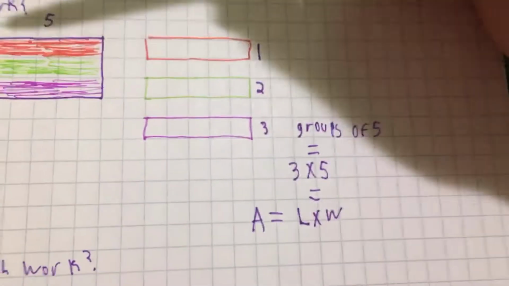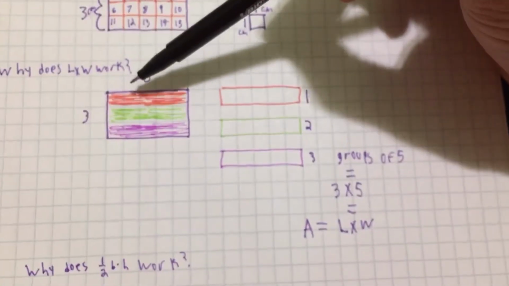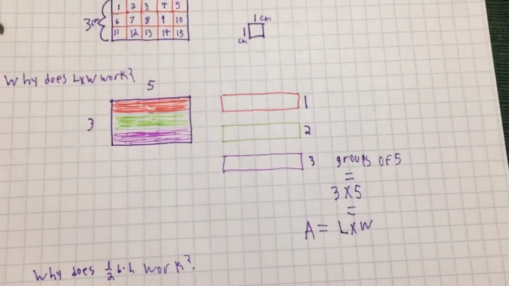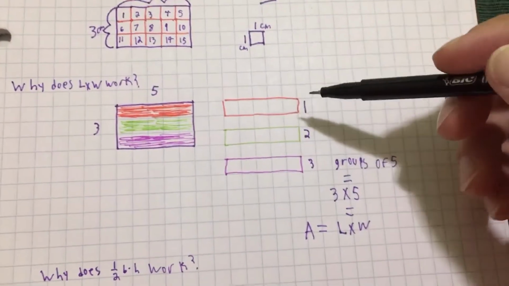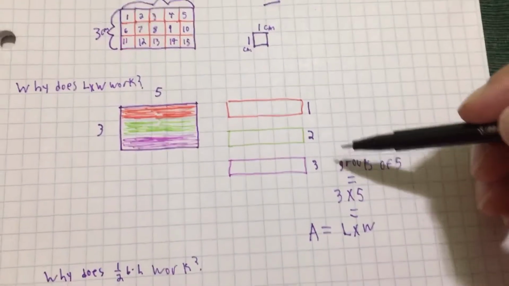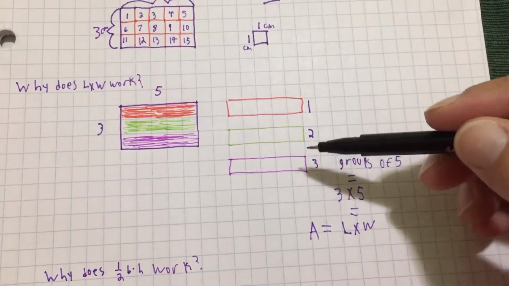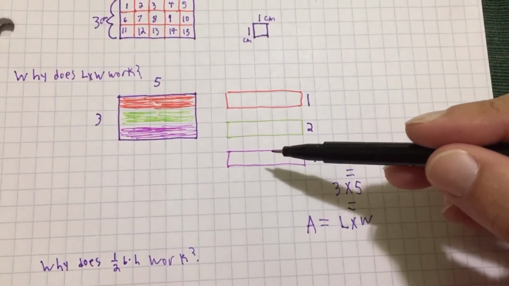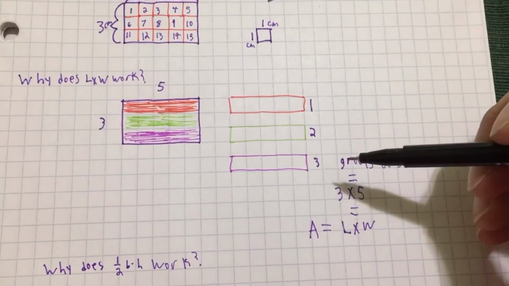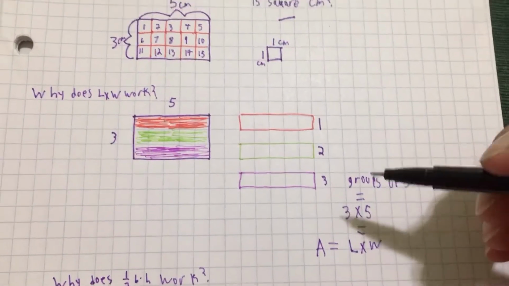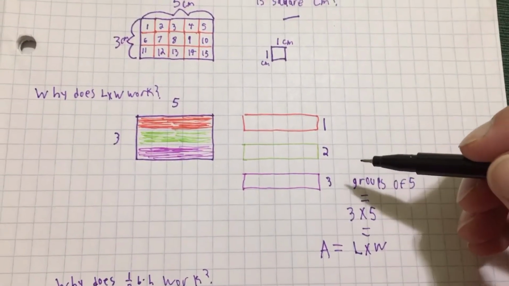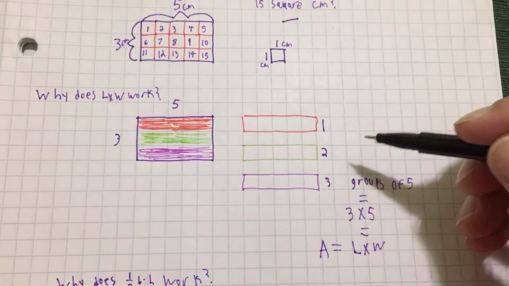So we know that if we were trying to figure out how many total are in this rectangle, we can find out by simply doing 3 times 5, because we have 3 groups of 5 different units. And we learned that back when we learned multiplication. That's our basic multiplication formula. Certain group of a certain amount.